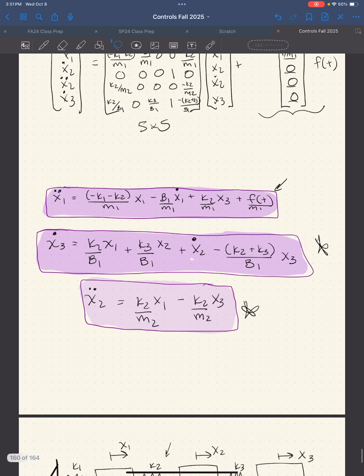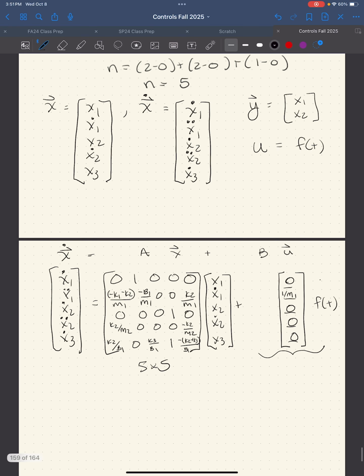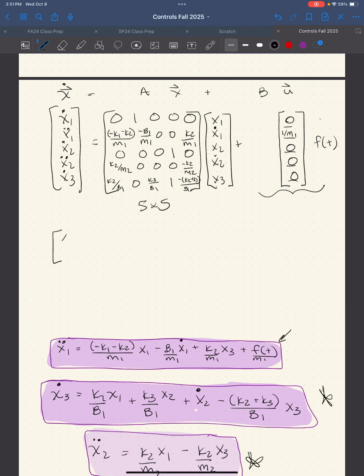And then lastly, we need to do y equals Cx plus Du. So y is x1, x2 equals something times x plus something times u, and this needs to result in a 2 by 1.